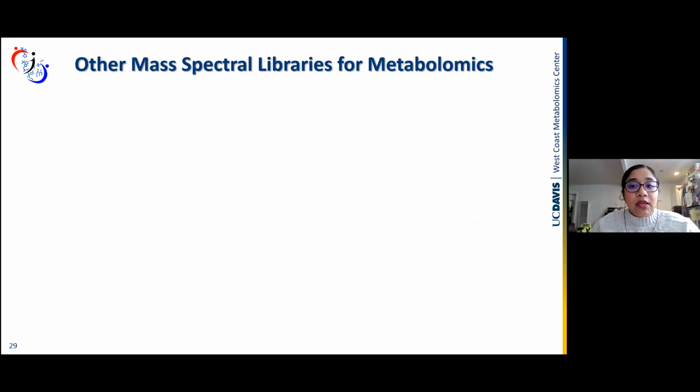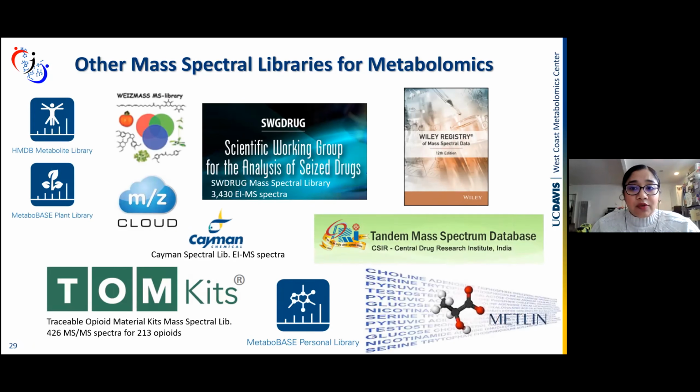So some quick shout outs, other mass spectral libraries for metabolomics. There are several from Bruker, for example, Metabobase libraries. There's a personal library that you see next to Metlin, which is actually a collection of Metlin for Bruker instrument users. And then there's the Metabobase plant library, which is available in Mona. There's also the HMDB version of the Bruker metabolite library.